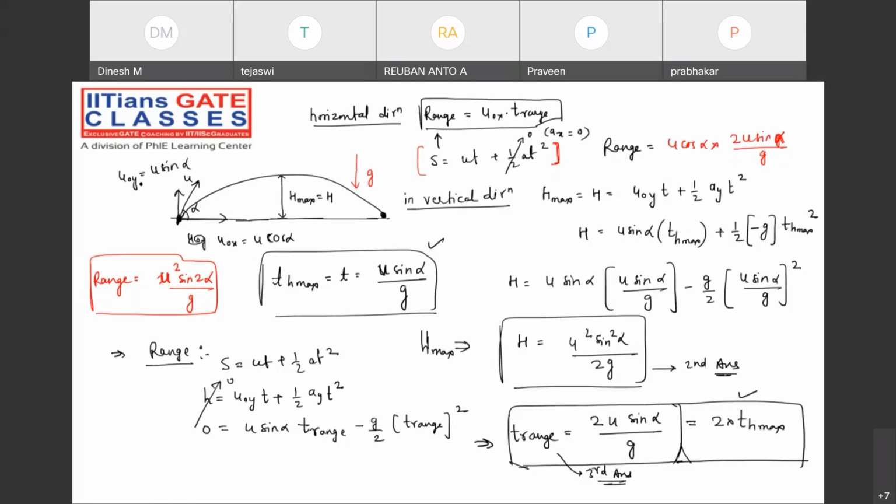But in which condition will Ax not be equal to 0? Ay will never be 0 because of gravity. But if the body is moving with some initial acceleration, in that case Ax will not be 0.